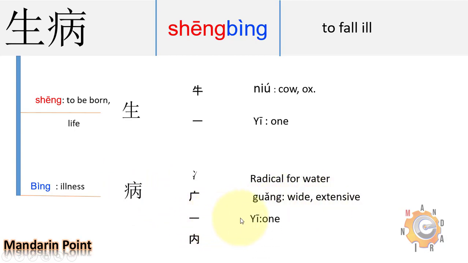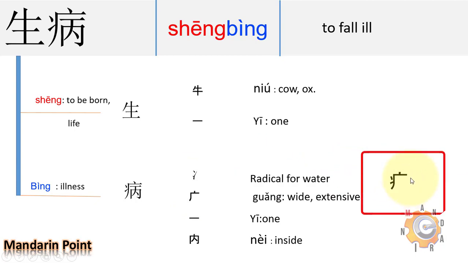This one is yi, which means one, while this one is nei, which means inside. So it is also decomposed. But actually the outer one means the combination of this one and this one is chuang, which is radical for illness. So whenever it is present in any character, it is somehow related to illness.